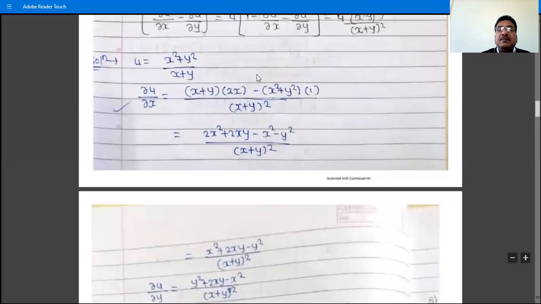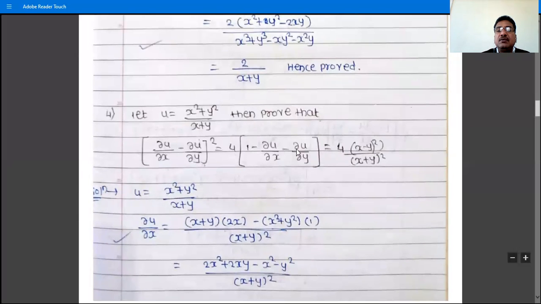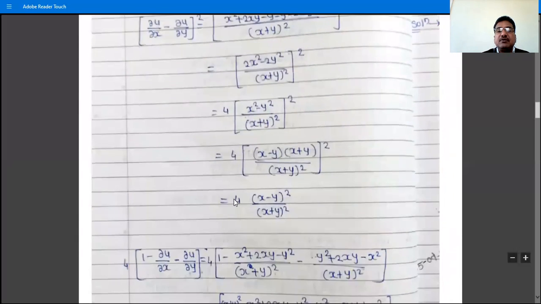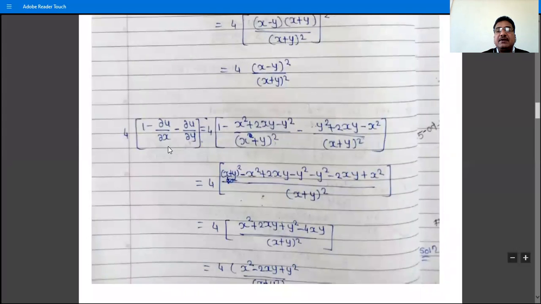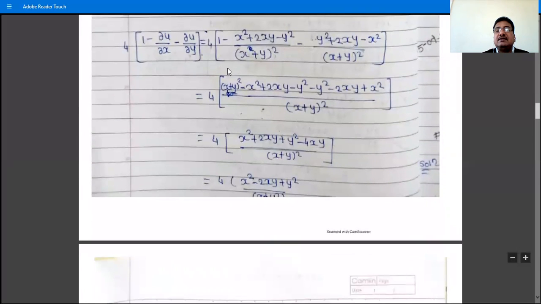Similarly, consider this 4 into 1 minus ∂u by ∂x, ∂u by ∂y, and substitute the values of this ∂u by ∂x and ∂u by ∂y. Take (x plus y) bracket square as LCM, and then 1 into (x plus y) bracket square is this quantity as it is, minus the effect of the minus on this.